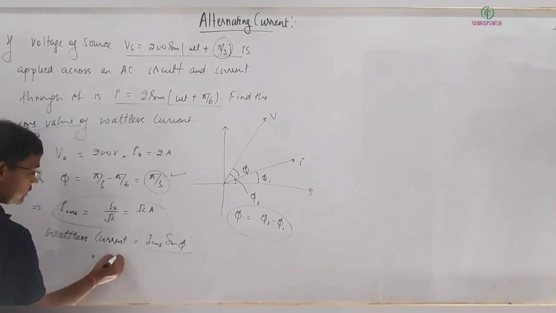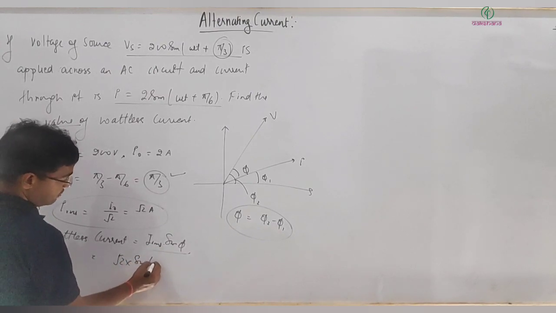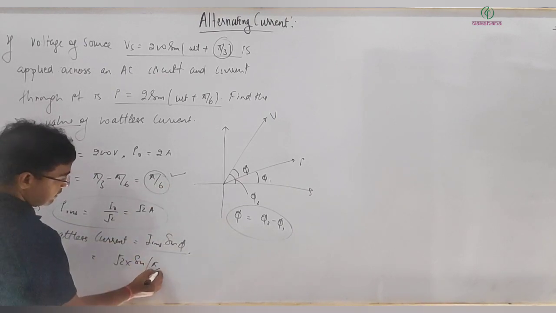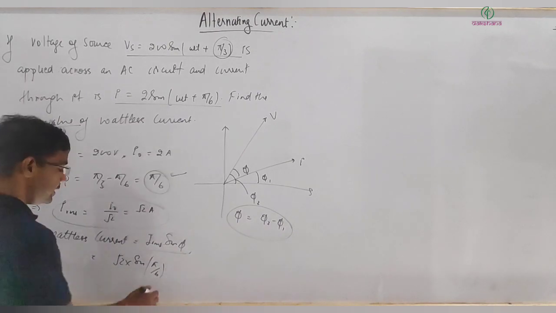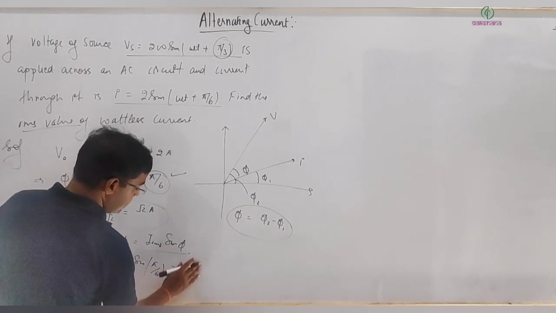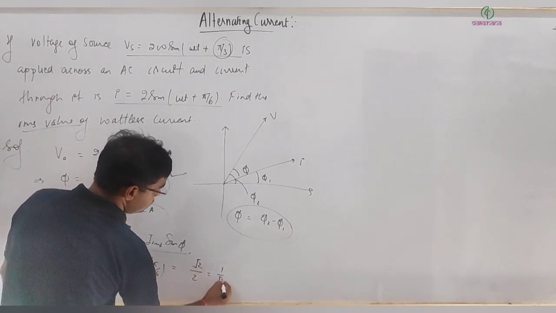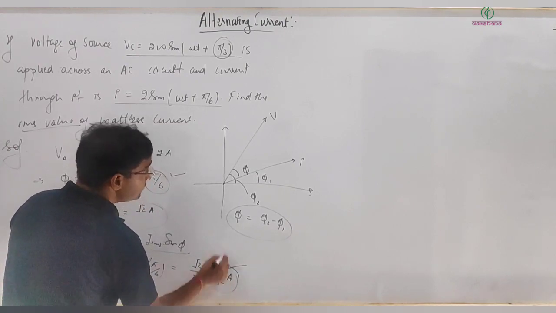So it is root 2 multiplied by sine of pi by 6. Pi by 6 means sine 30, and sine 30 is 1 by 2. So it's coming out to be root 2 divided by 2, that will be 1 by root 2 ampere. So this is the wattless current in this circuit.